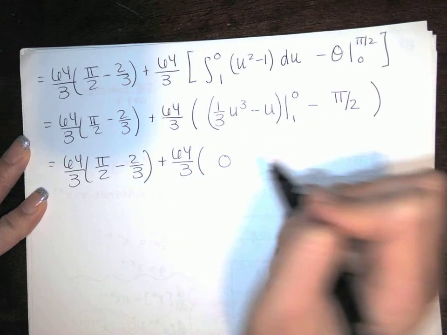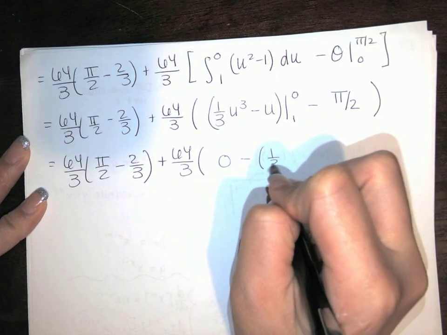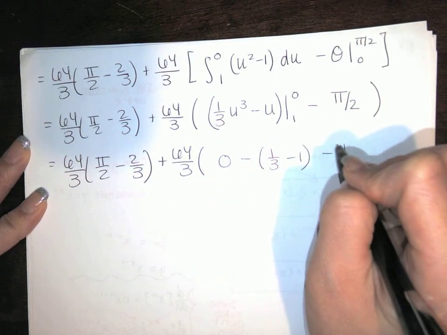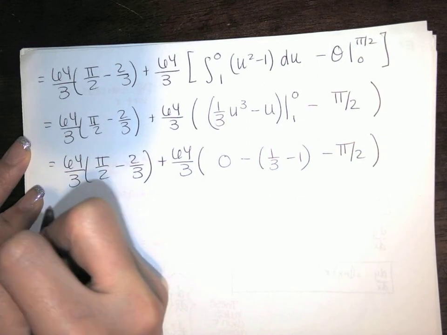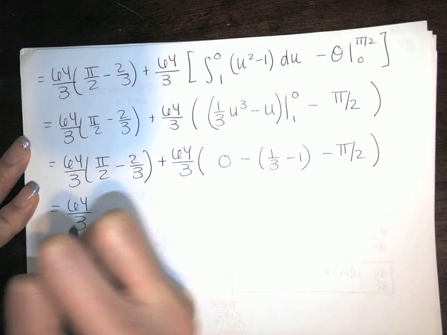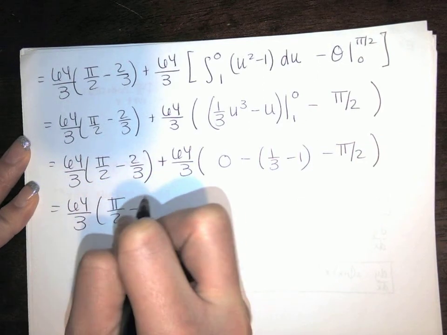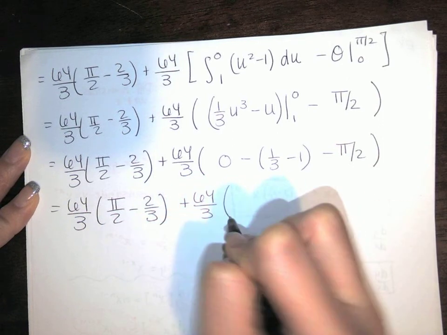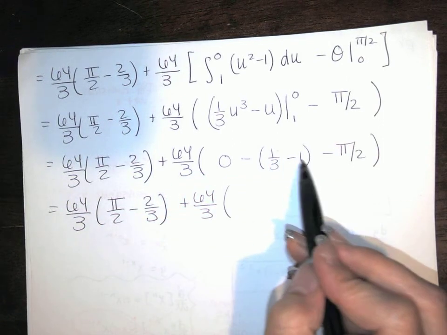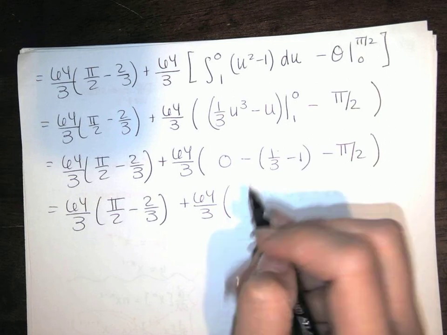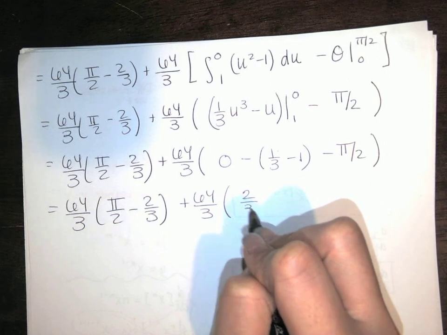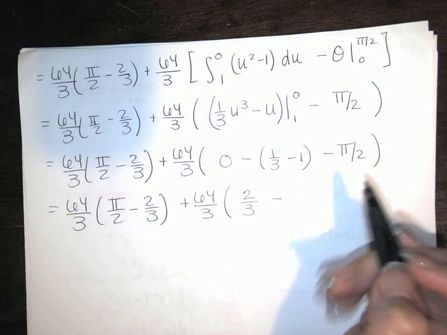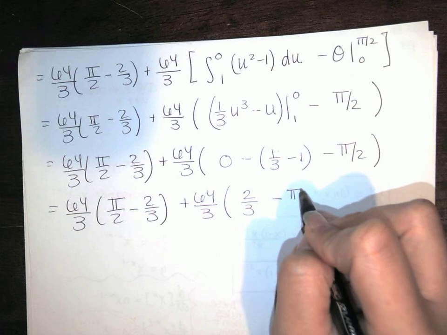At 0, you get 0. At 1, you have 1/3 minus 1. So now I've got a negative 2/3 here times a negative 1 is a positive 2/3 minus pi over 2.